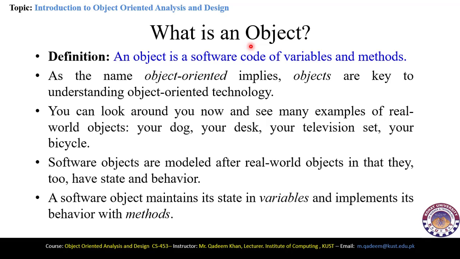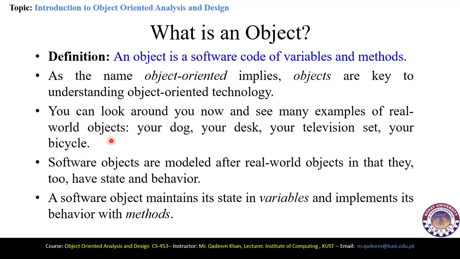If we look around us, we can see many different examples of the objects. For example, animals, all kinds of the animals are the examples of the objects. Similarly, the desk, the tables, which are also the examples of the objects, the television sets, similarly the bicycle, similarly the car are also the examples of the objects.